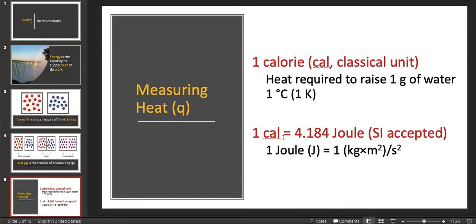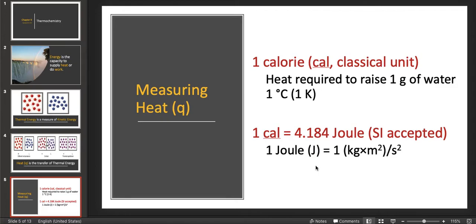1 calorie then is also defined as 4.184 joule, which is the SI accepted unit. The joule is named after the scientist with the same name, and is defined as the force of 1 Newton moving an object by 1 meter.